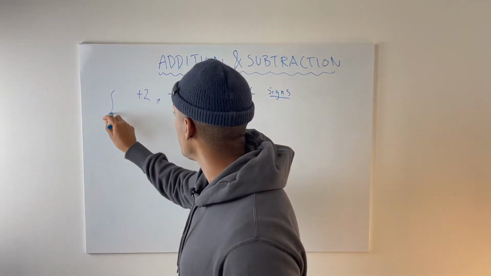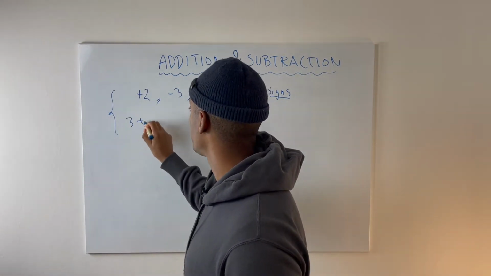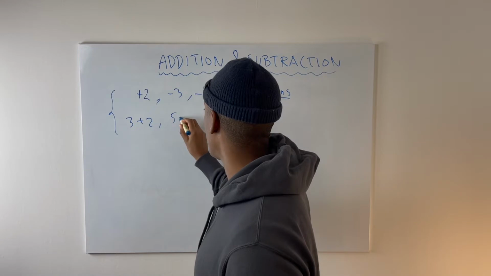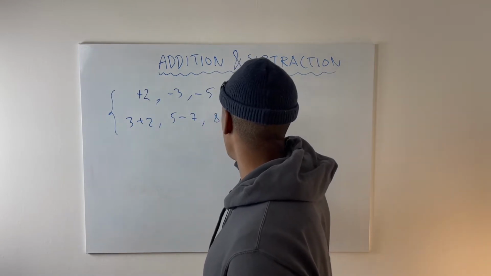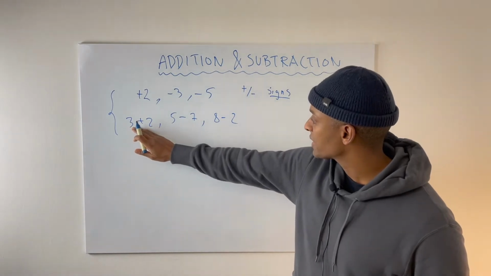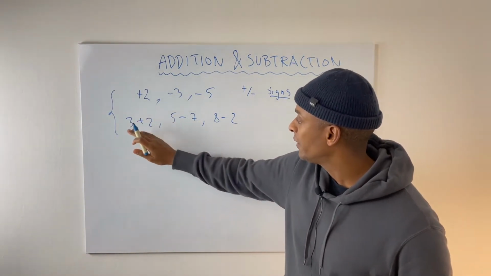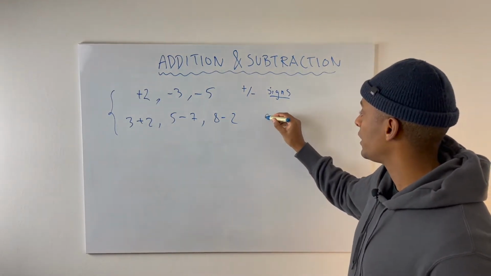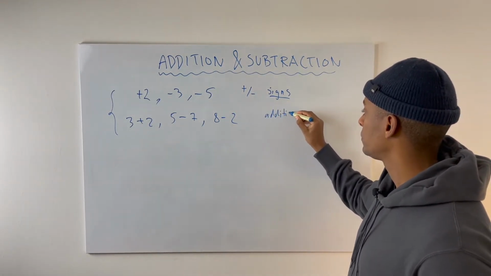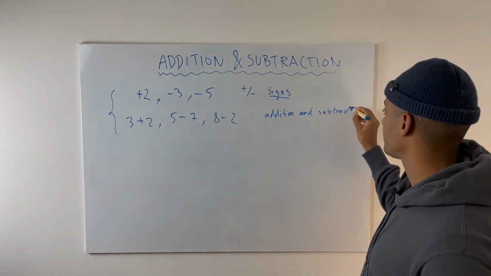But another way we do is we write something like, for example, 3 plus 2, or 5 minus 7, or 8 minus 2. Here, the plus and minus sign means something else. Here, we talk about addition and subtraction.